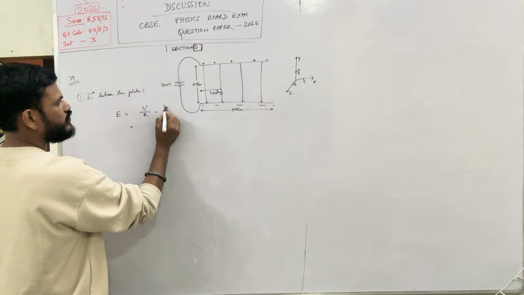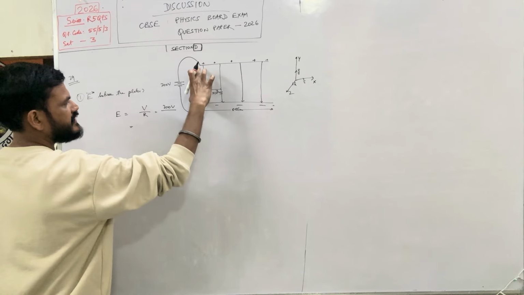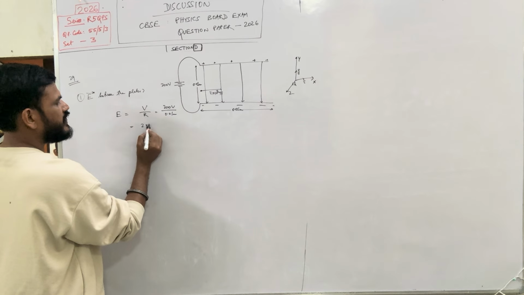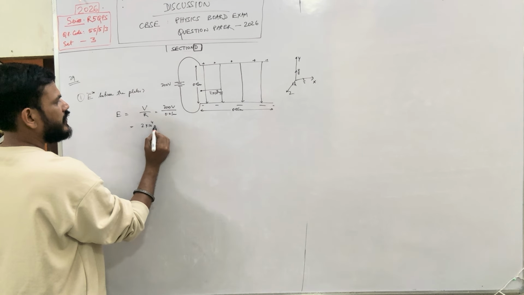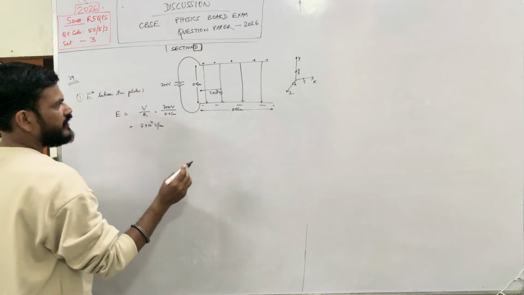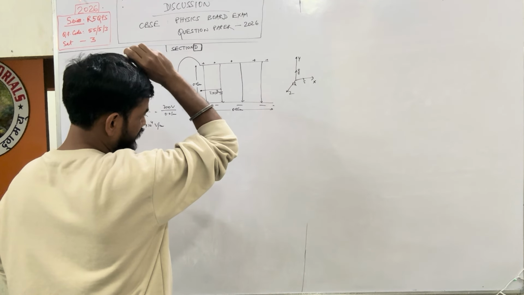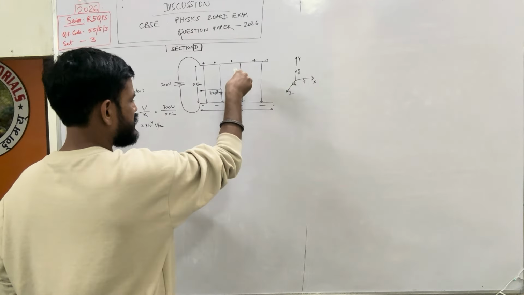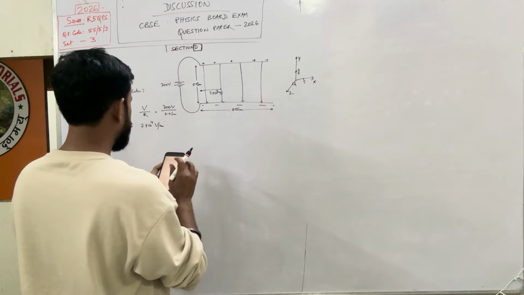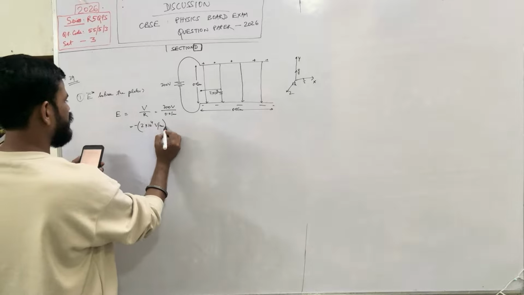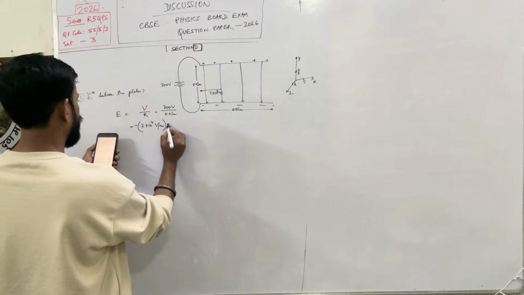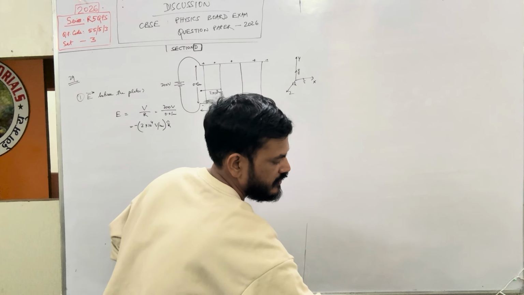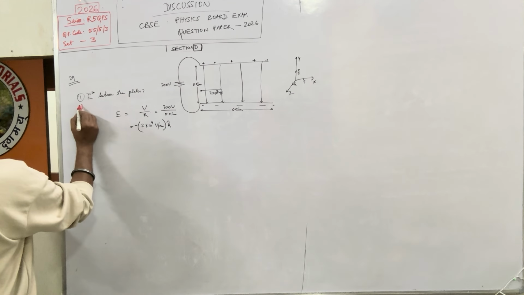V here is 200 volts and the distance between them is 0.01 meter. So it is 2 into 10 to the power 4 volt per meter. Now you see the plates are placed in the XY plane, and the field is going towards the negative k direction. So it should be minus 2 into 10 power 4 volt per meter k bar. So the correct answer should be option D.